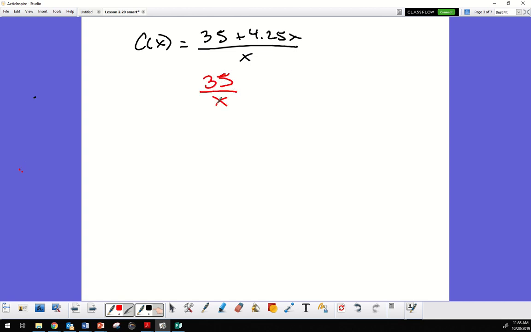35 over x plus 4.25x over x. Do you remember this now? So now, if I take this to infinity, I want to know what the end behavior is.